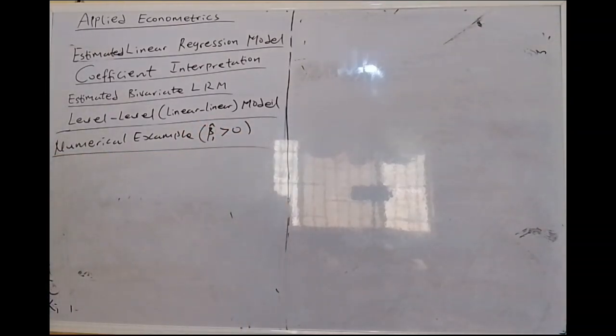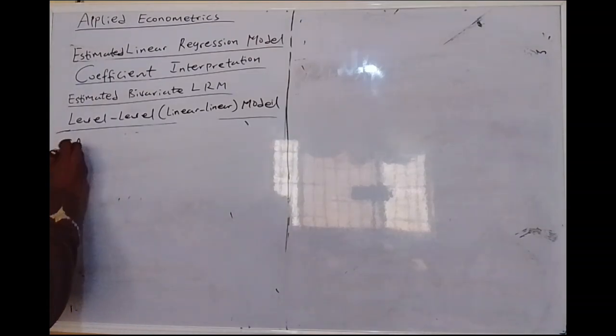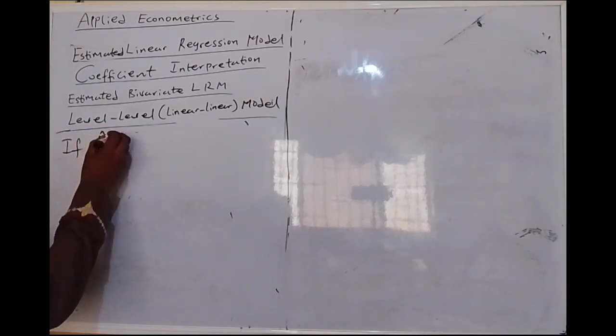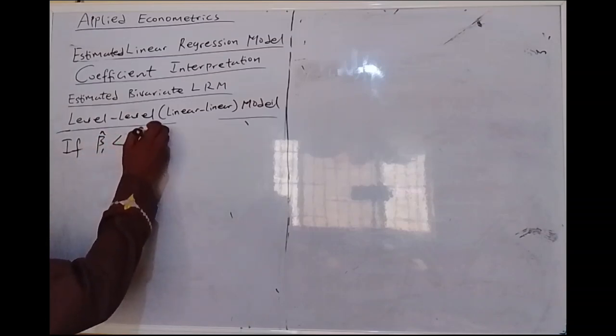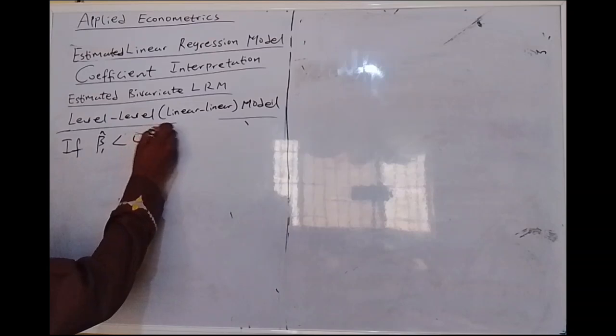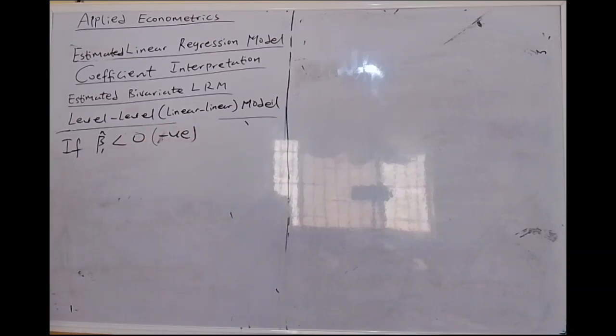Let's say we have a case where our beta 1 hat is less than 0. How do we interpret that? That is, our beta 1 hat is negative.